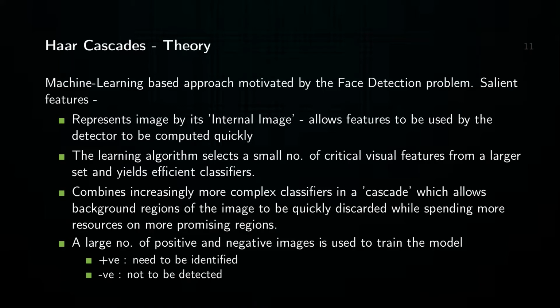And finally, the most important part, which defines the entire algorithm, is that we combine increasingly more and more complex classifiers in a cascade, which allows background regions of the image to be quickly discarded, while more computation and time is spent on promising regions which actually hold the object that we need to detect. Training is done with a large number of both positive and negative images, which are simply images which have objects which can be detected and otherwise.